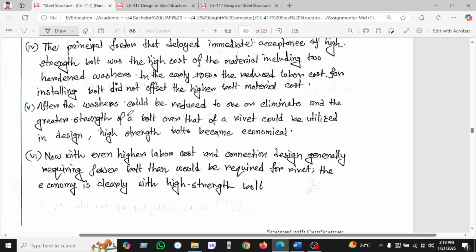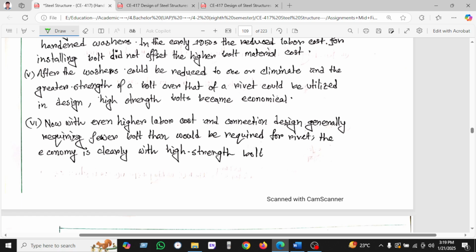And then we can see after the washers could be reduced and the greater strength of bolts over rivets could be utilized in design, higher strength bolts became economical. And now with even higher labor cost and the connection design requiring fewer bolts than would be required for rivets, economy is clearly with high strength bolts.